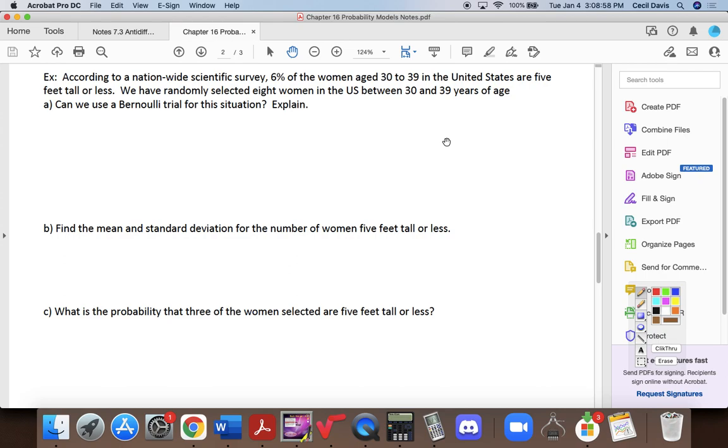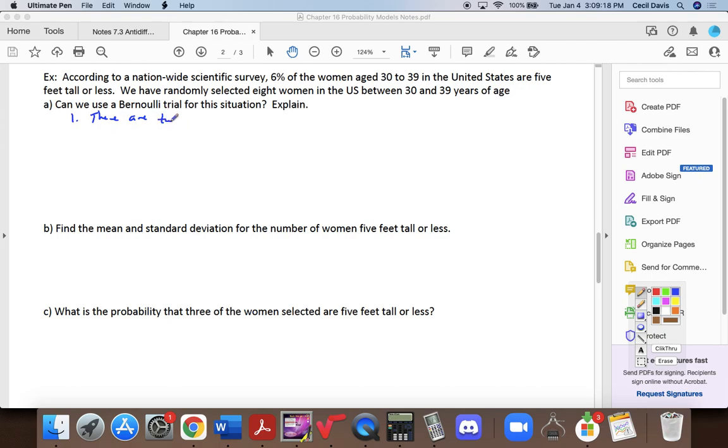Can we use a Bernoulli trial? Sure. Why? Because it's success or fail. And you should write it out every time you use it before you use it.